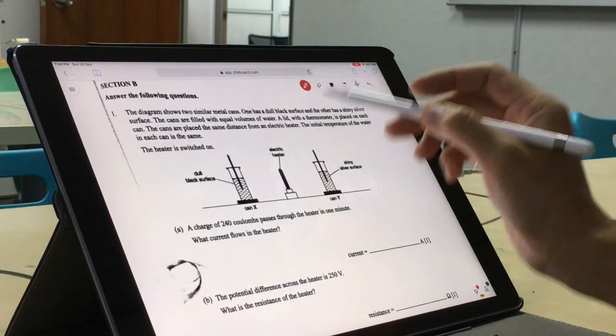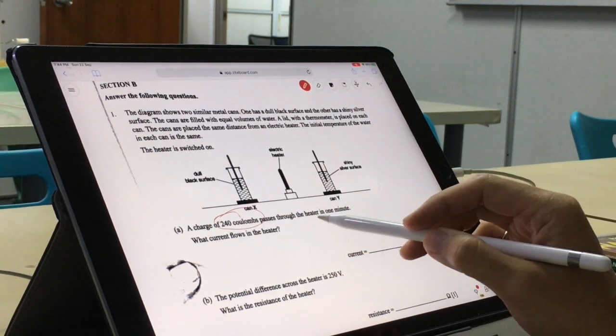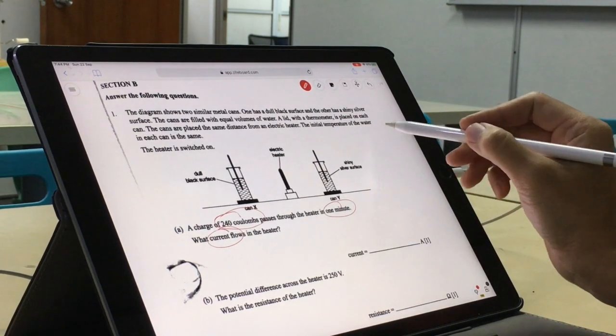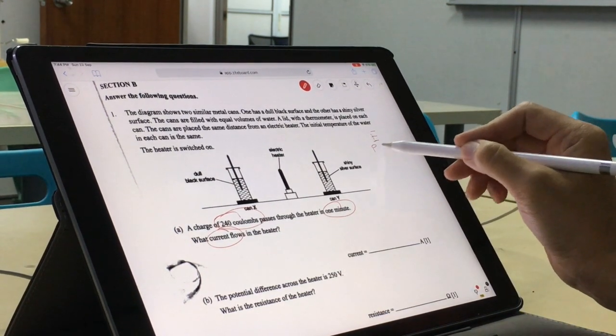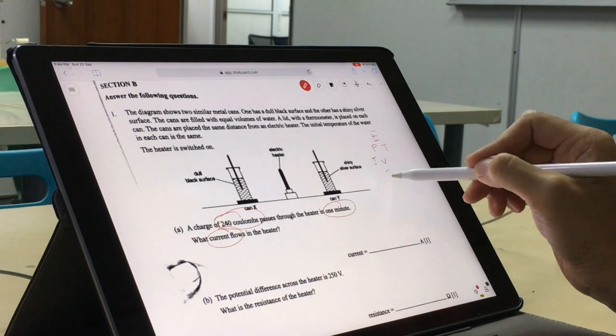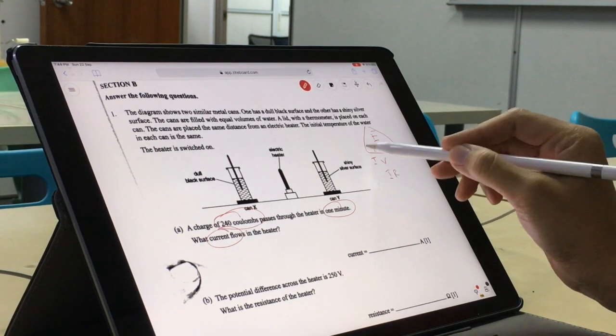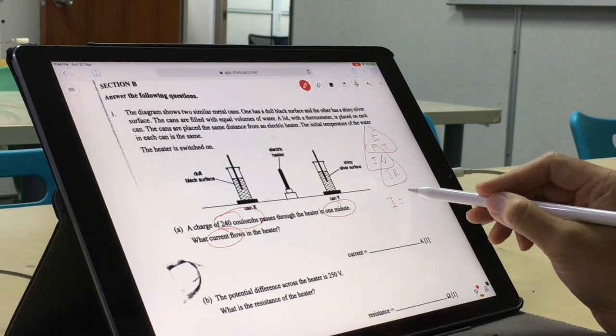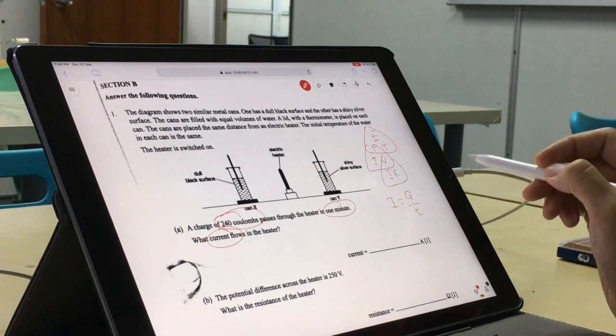A charge of 240 coulomb passes through the heater in 1 minute. What current flows in the heater? Now remember we have E, P, T, I, V, I, R. Apart from that, there's one more formula: I equal to Q over T.